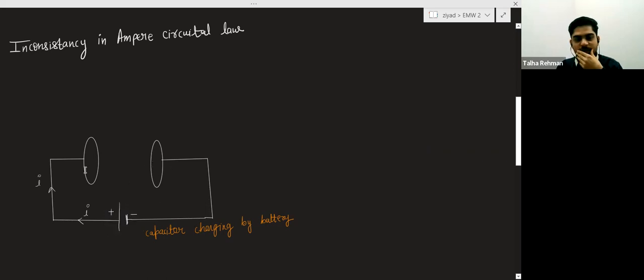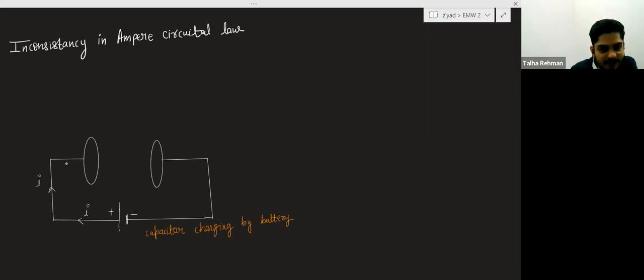There will be charge on the plates of the capacitor due to the charging. So I can say that here also there will be a current. Suppose this is the current I here. So in the whole circuit there will be the current.